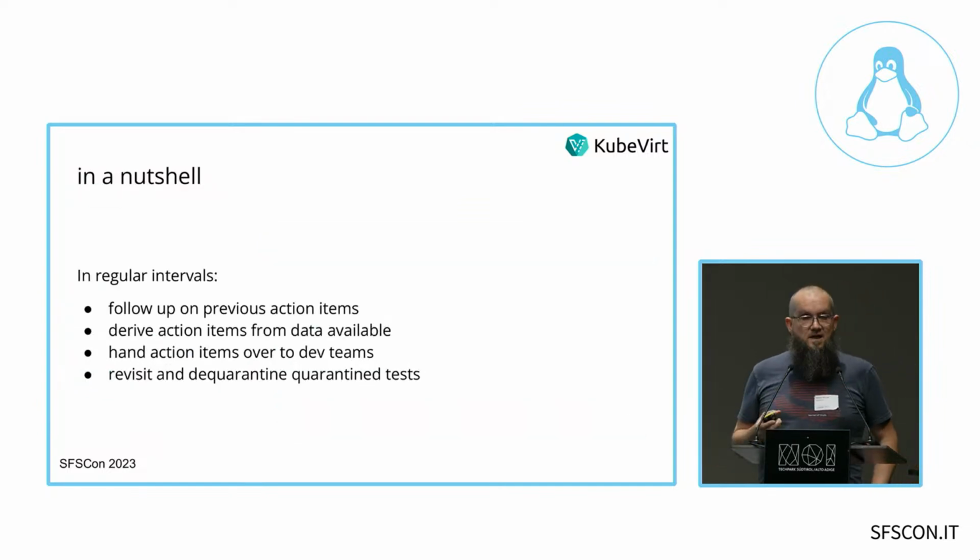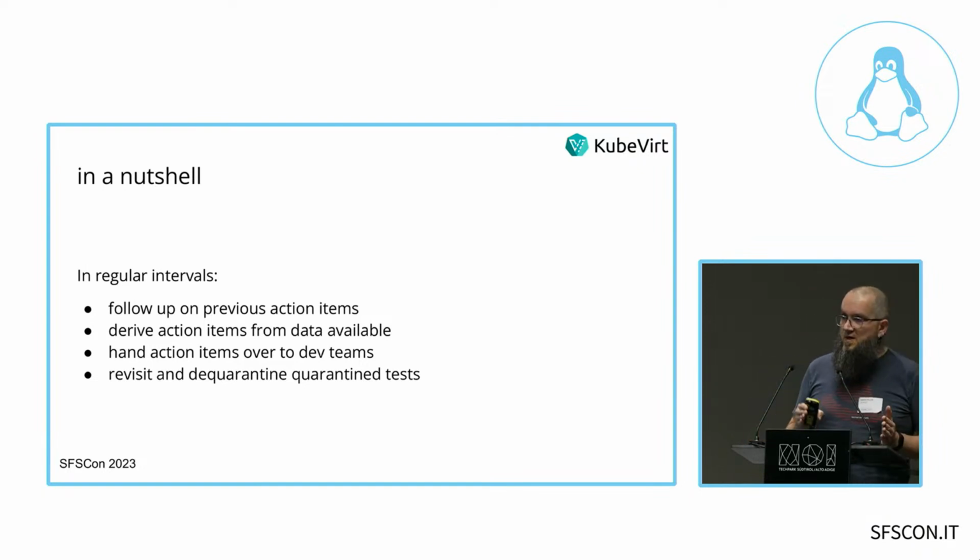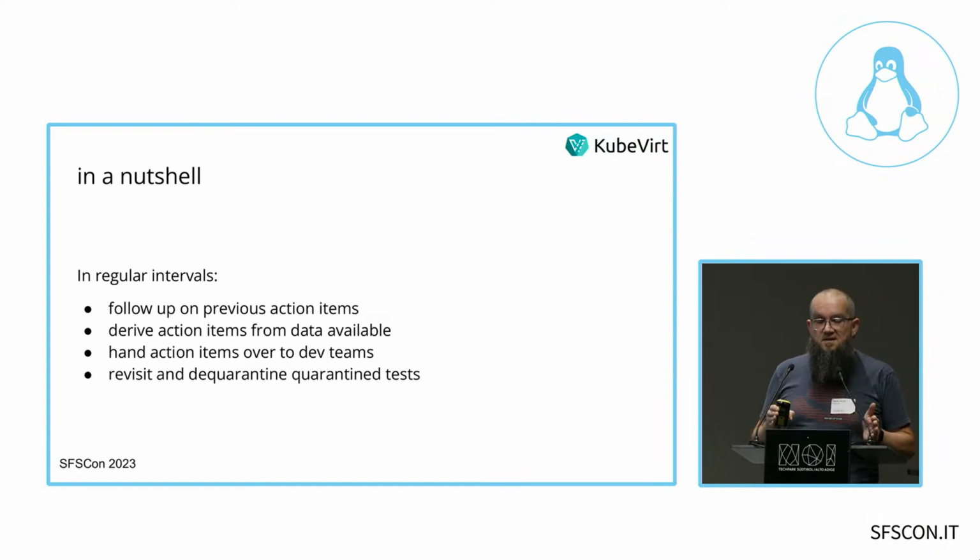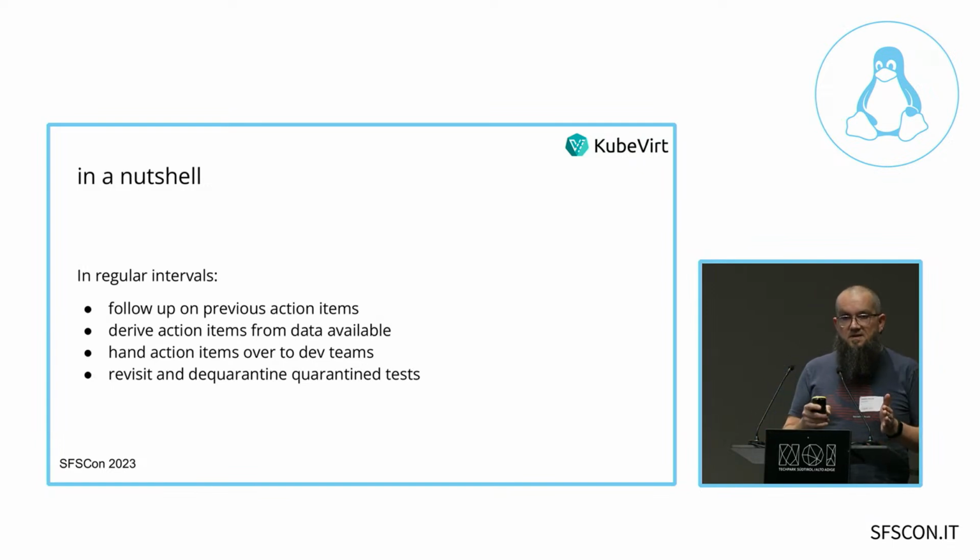In a nutshell, the essence, I think, is due diligence. You need to be diligent with revisiting everything. So you also need to have the process for follow-up on tests.